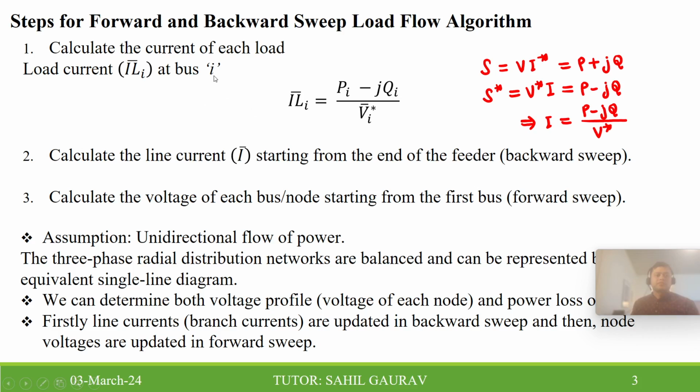And then after calculating the current, because all the values are given, since we assume the load as constant power loads, so these P and Q values are known. And then we assume the voltage at different nodes at the starting of the load flow algorithm.